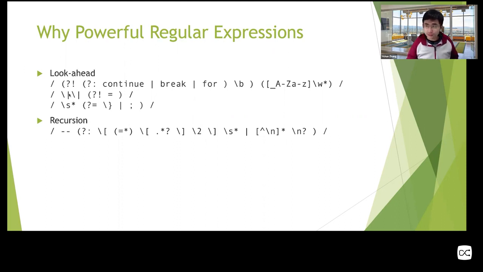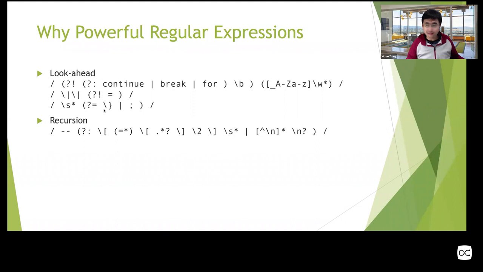So here we match two vertical bar characters, but they cannot be followed by an equal sign. This is a negated lookahead, because the vertical bar and the equal sign is another operator.